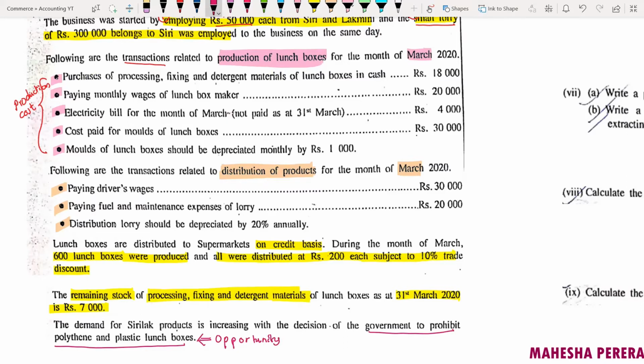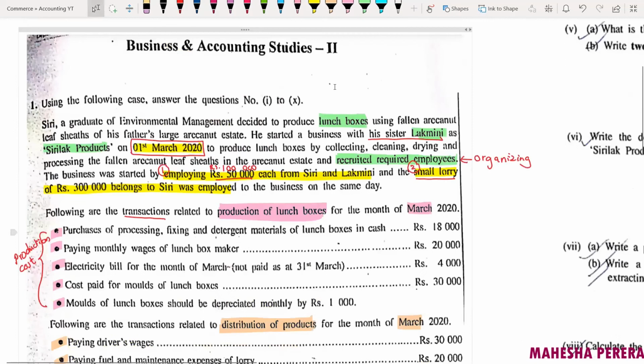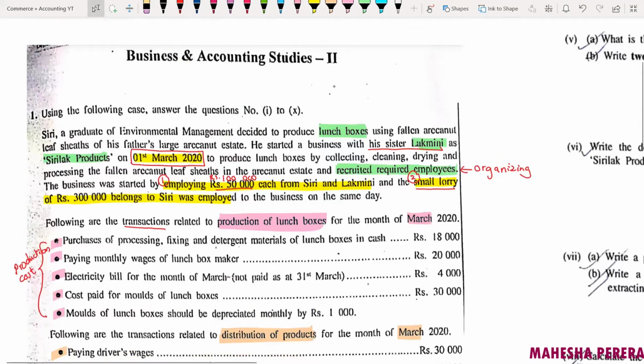And also the strength of the business. We have a strength of the business here. Siri being a graduate of environmental management, right? So that means Siri has a degree. He's qualified. So this is a strength.